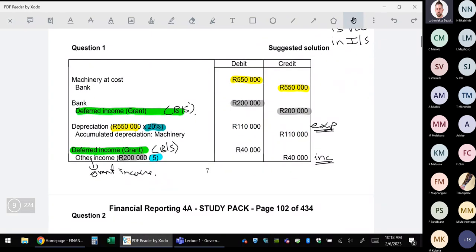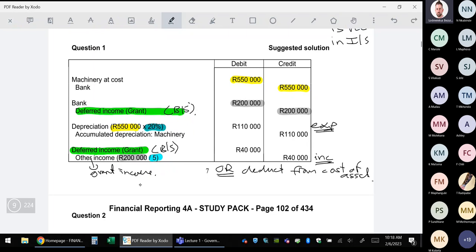If the question said deduct from cost of the asset, what would we have done then?